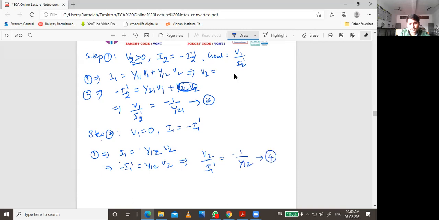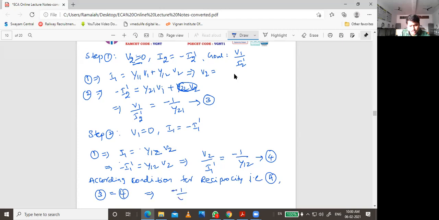Equation number 4. So according to the condition for reciprocity, equation 3 must be equal to equation 4, which implies minus 1 by Y21 equal to minus 1 by Y12.